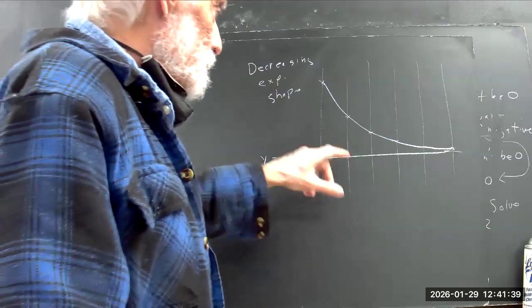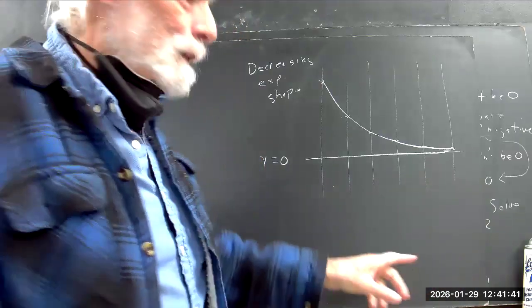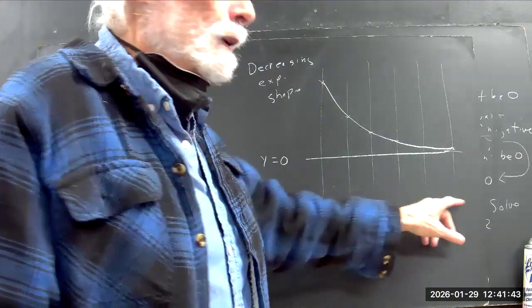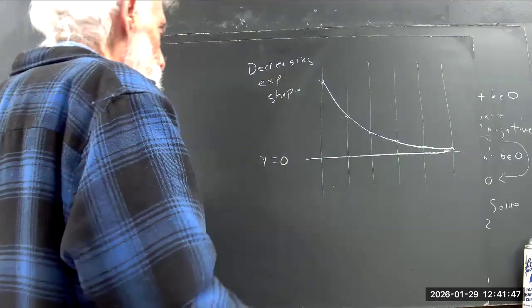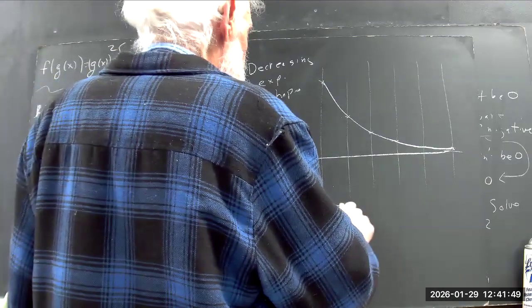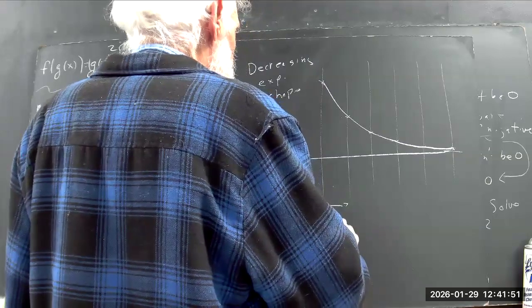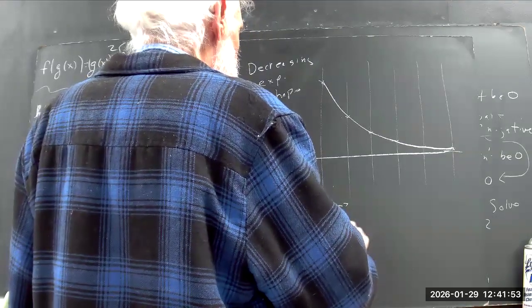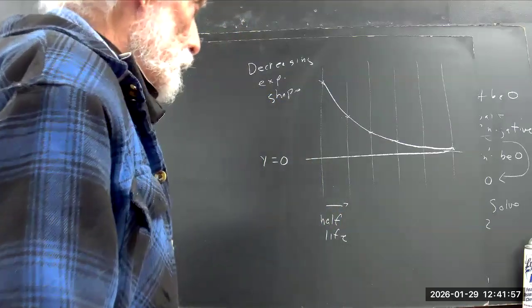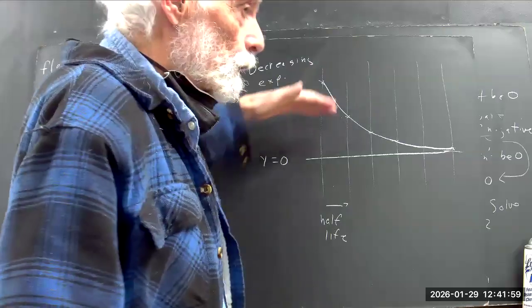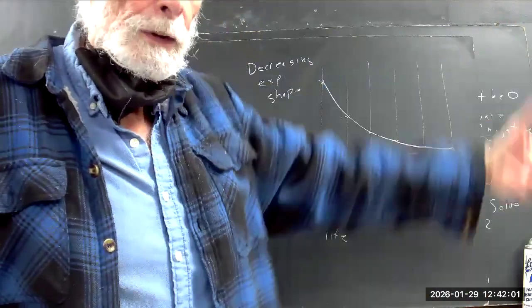Now, if you had labels on these grid lines, you'd be able to tell what the numbers are. And if you had labels on horizontal lines, you'd be able to tell what the values are.